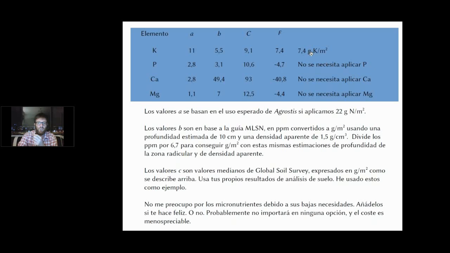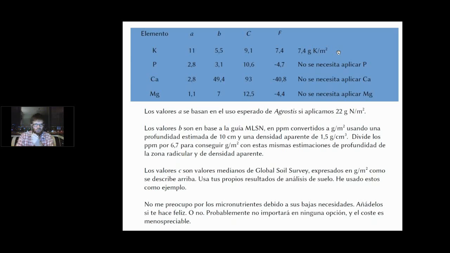You can see that this method recommends 7.4 grams of potassium per square meter, no phosphorus, no calcium, and no magnesium, because those are all negative, which means the amount that we have is much more than the amount we need, particularly in the case of calcium, which is normal because soils generally contain a large amount of calcium.